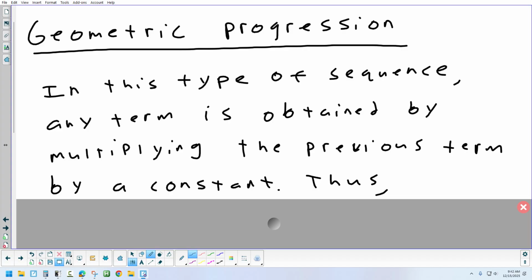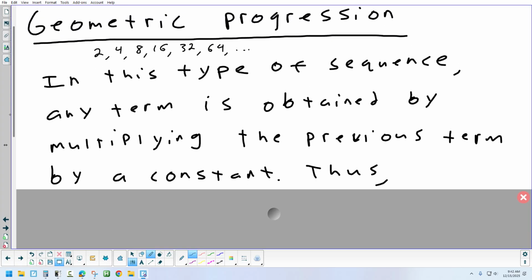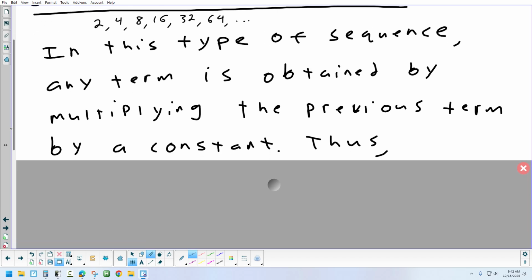For example, if you had something like 2, 4, 8, 16, 32, I'm not adding the same number over and over there. If you just looked at the first 2, you might think, oh, maybe you're just adding 2. But then when you look at the next one, I didn't add 2. That would have got me to 6. Okay, I'm doubling each time. That's called a geometric sequence or geometric progression.